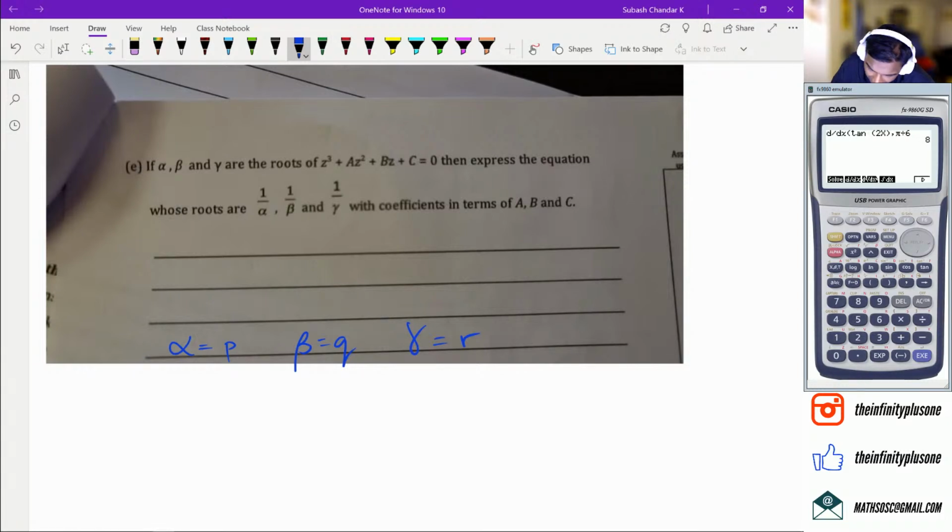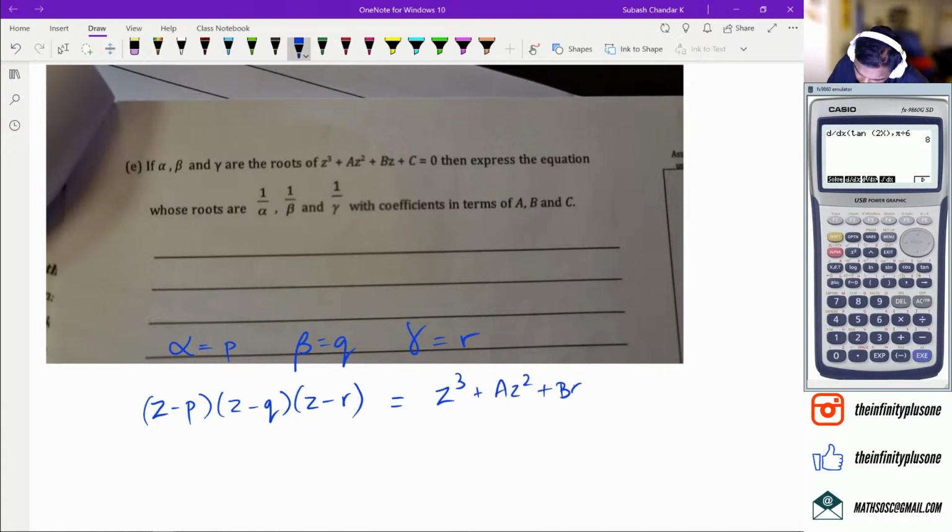So that's why I just put it as PQR. All right, so then I get z minus P times z minus Q times z minus R. Okay, and because they're all roots of this equation, then you could just put this equal to z cubed plus Az squared plus Bz plus C.